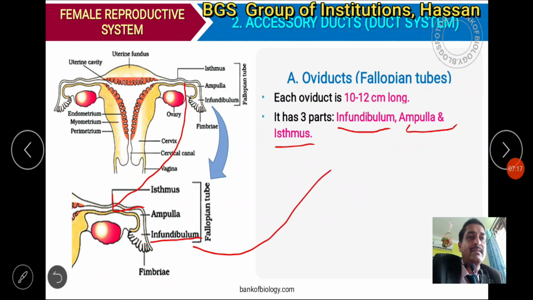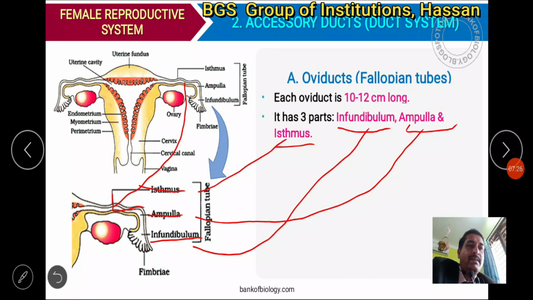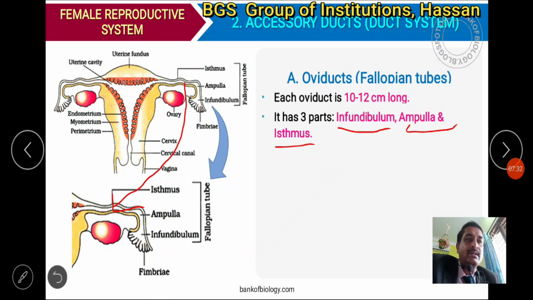Here. Infundibulum, then ampulla, then isthmus. These are the major 3 parts. Let us study them one by one. The first one is the infundibulum.